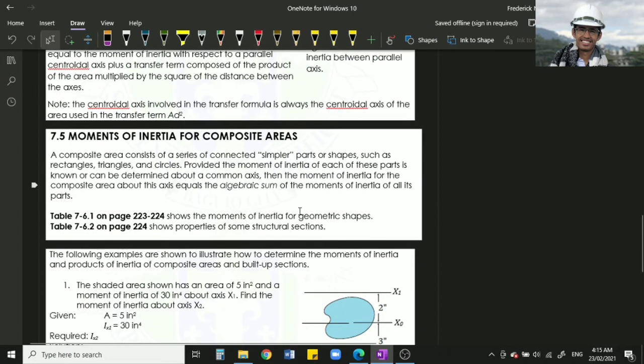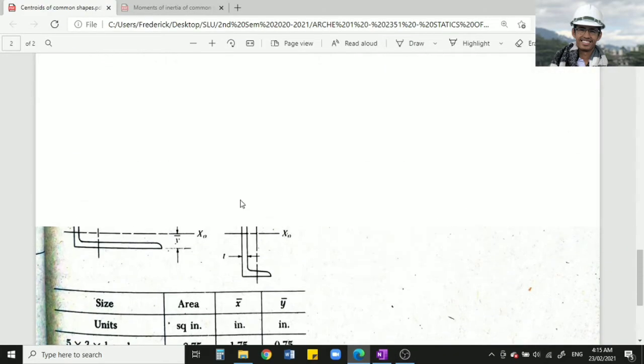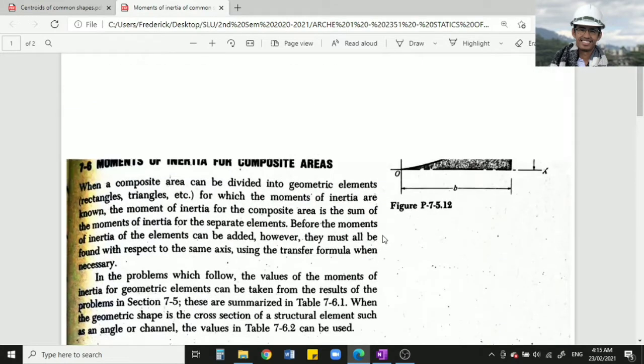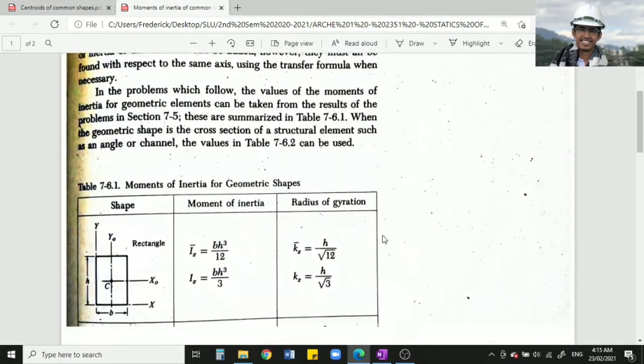Okay? So we have moments of inertia for composite areas. You can see those in our Table 7-6.1 and Table 7-6.2. So this is the moment of inertia of our common sections.